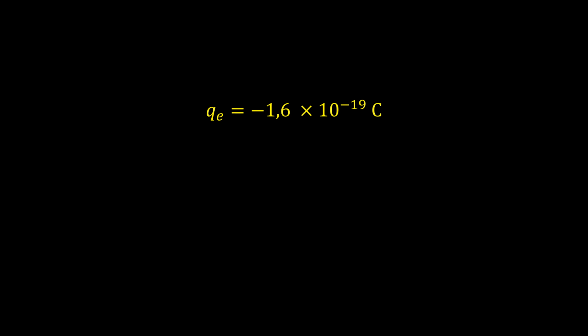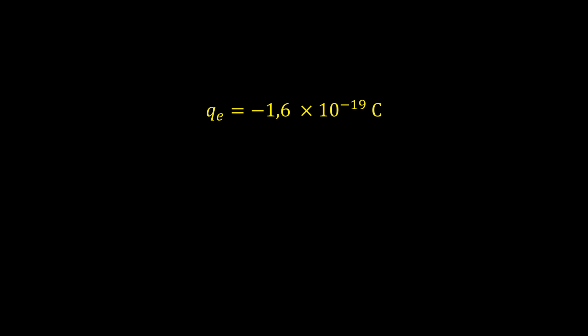This value is positive for protons, meaning the charge on a single proton is equal to 1.6 multiplied by 10 raised to the power of minus 19 coulombs. And you will see how it is positive for protons in the next problem that we will solve together.